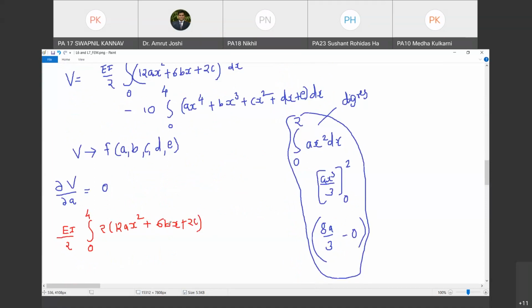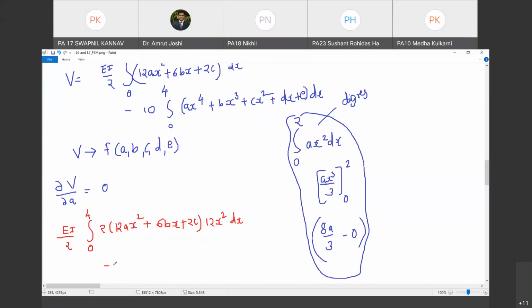So what is that? 6bx differentiation with a is 0. 2c differentiation with reference to a is 0. 12ax square differentiation with reference to a is 12x square. Do you agree with me? Yes, sir. So this into dx. Happy? Yes. This is the differentiation of first term.